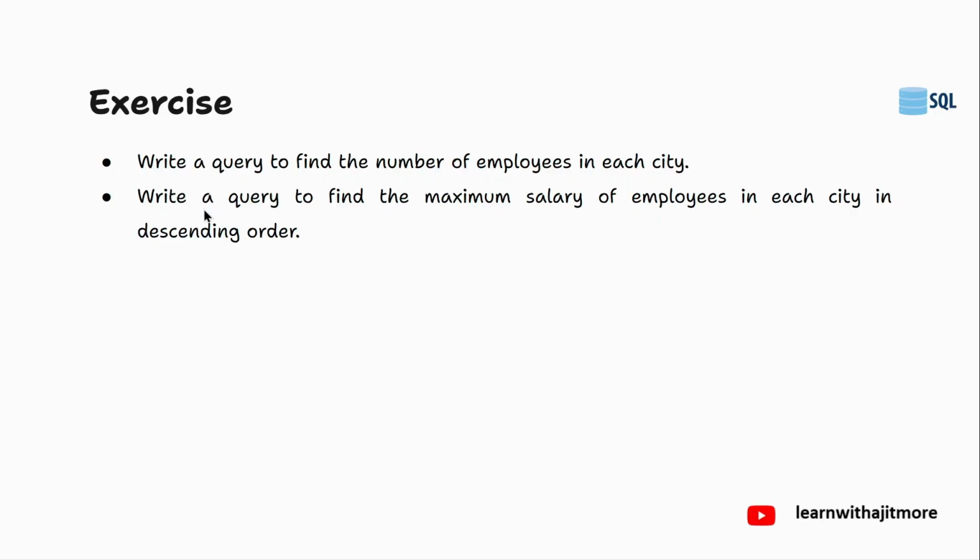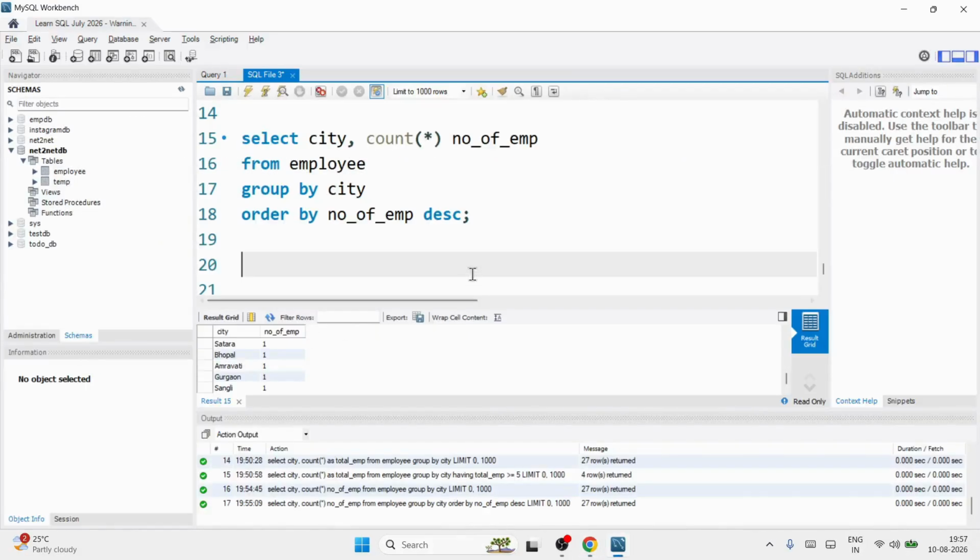Okay? So write a query to find the maximum salary of employees in each city in descending order. City wise. So again, what do I have to write? Select city, max of salary.